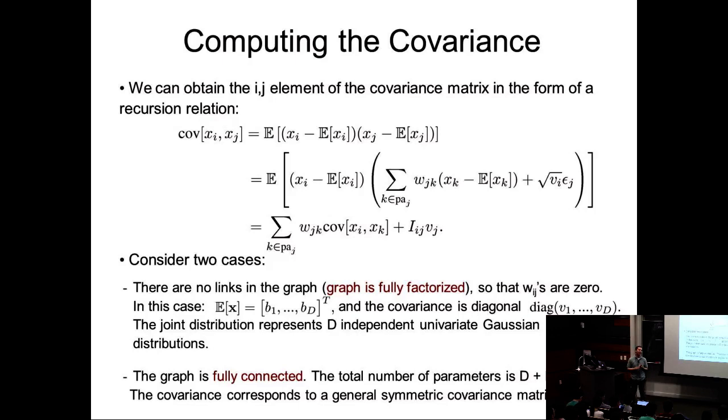That's how many parameters you need to specify the Gaussian distribution. So when you think about Markov chains and Gaussians where each conditional is Gaussian, the whole model is a Gaussian distribution. Does that make sense?